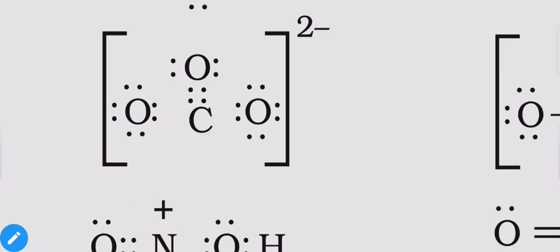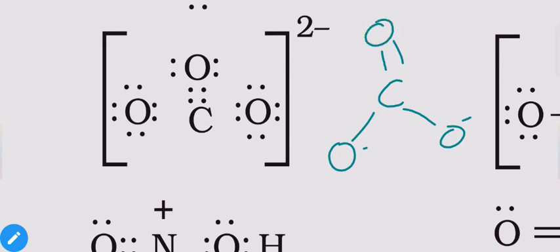And because of extra gain of electron, it carries negative charge. Actually, this negative charge will shift among all of these three oxygens. That means the actual bond structure can be represented like this. With two oxygens we have single bond, and both of these oxygens will be negatively charged, and one oxygen is double bonded and it will be neutral.